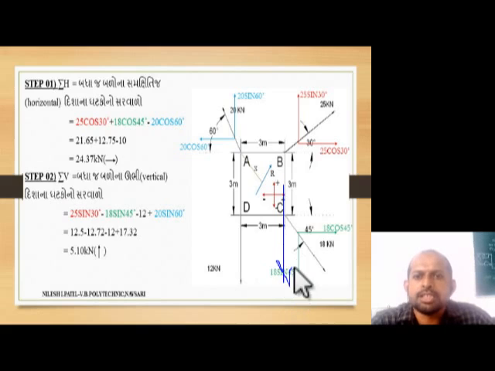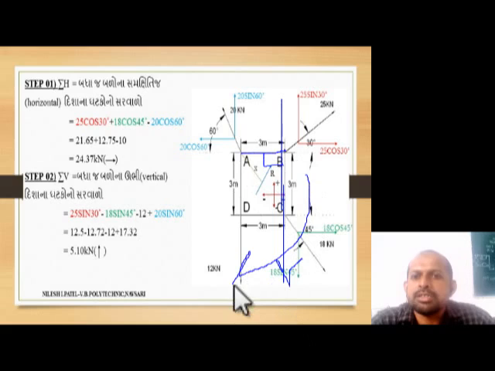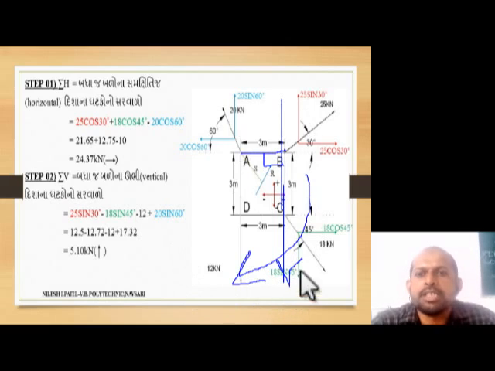So it is in vertical direction and it is in downward direction. And the perpendicular distance of this component from A is 3 meter like this, and this component rotates about point A in clockwise direction. So 18 sin 45 degree multiplied by 3 is the moment about point A.